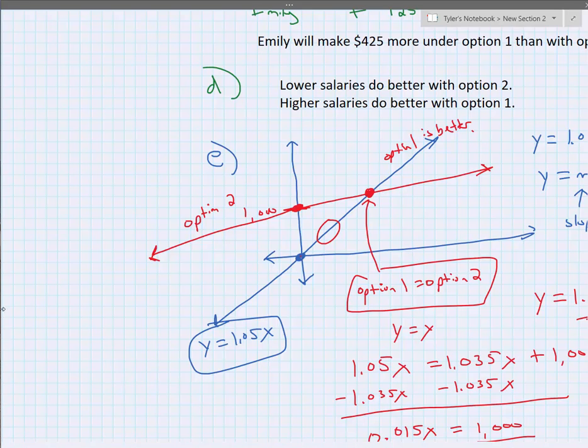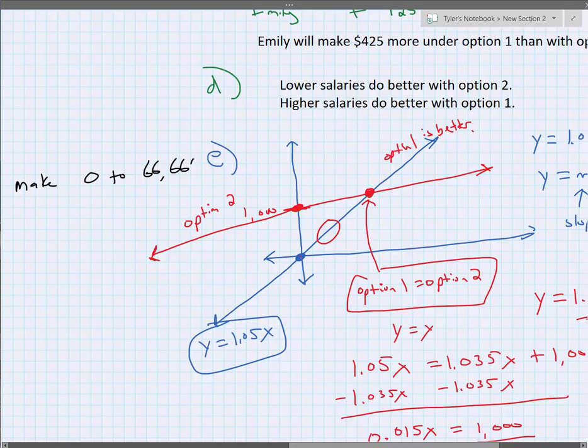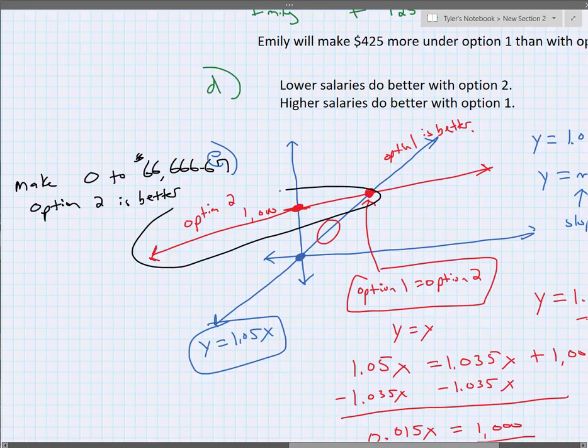So if you make from 0 to this $66,000, which option is better? Well, option 2 is better, because that's this part of the graph, the red's above the blue.